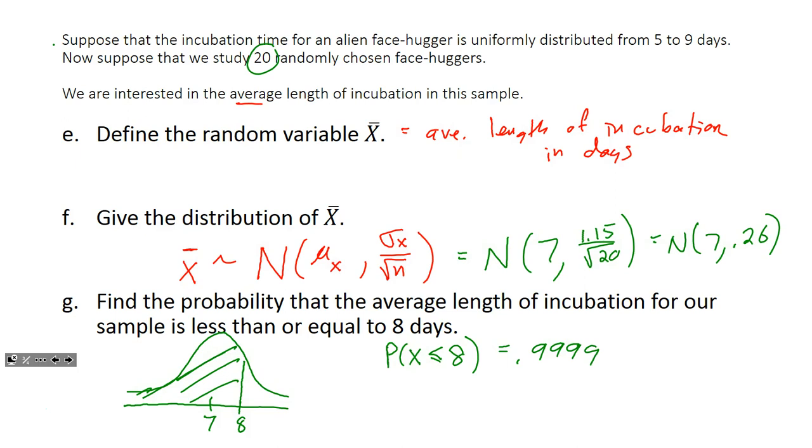I think it had 0.9999, then a 3 in the next one, so it's almost certain that the incubation time will be less than 8 days. That's because the standard deviation here was pretty small. It was only 0.26.